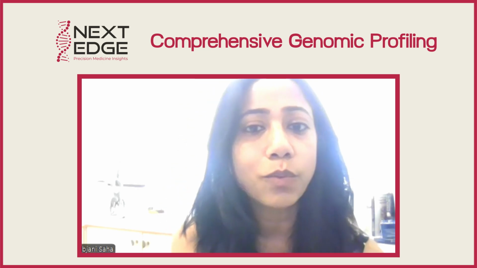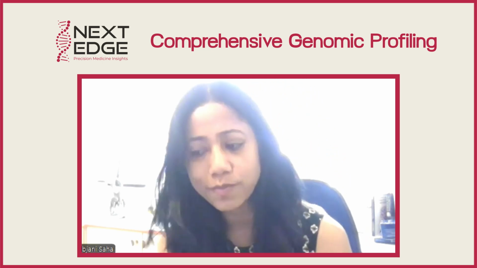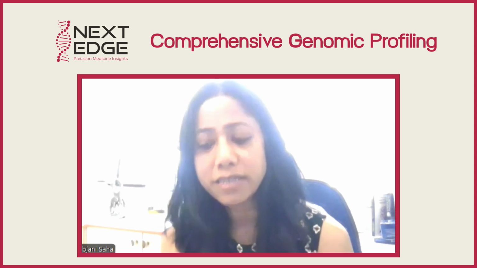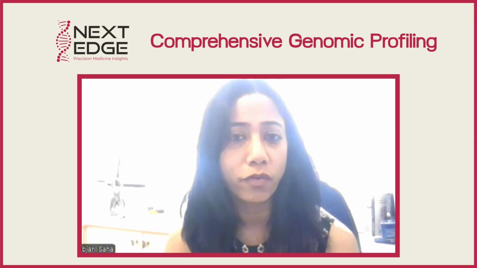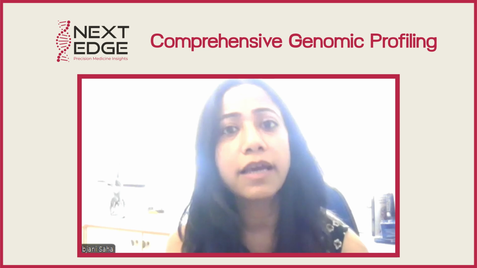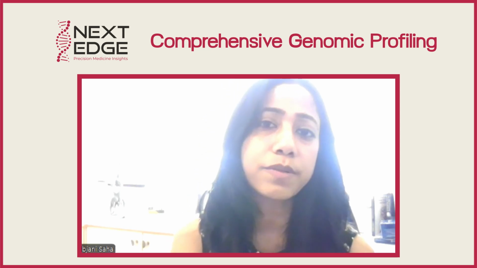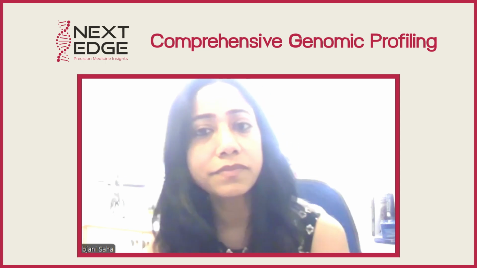So all of that will only be enhanced or accelerated by having AI and ML algorithms in place. So basically, in general, if you have a lot of data deluge from comprehensive genomic profiling, these algorithms can accelerate or expedite the speeds at which the data is analyzed and curated.